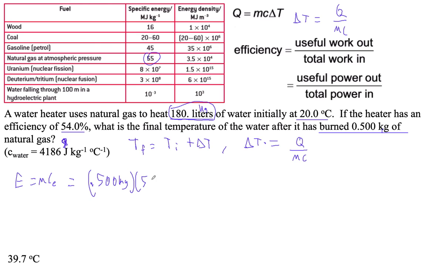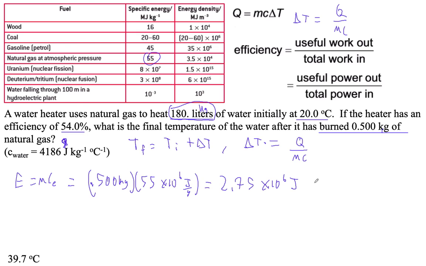That's going to be 55 times 10 to the 6th, and that's joules per kilogram. So let's figure out the heat released by this, and then 54% of that goes into the water. So 0.5 times 55 E6, and that is, of course, 2.75 times 10 to the 6th joules.